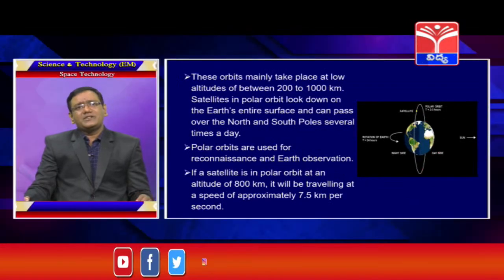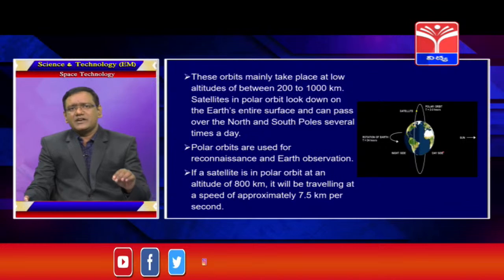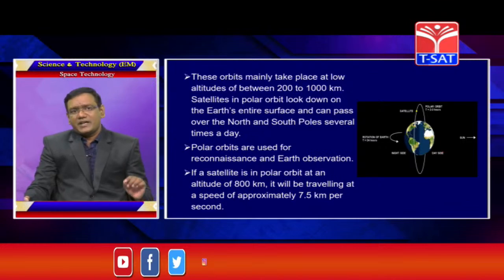These orbits mainly take place at low altitudes of between 200 to 1000 kilometers. The satellites in polar orbit look down on the Earth's entire surface and can pass over the north and south poles several times a day.